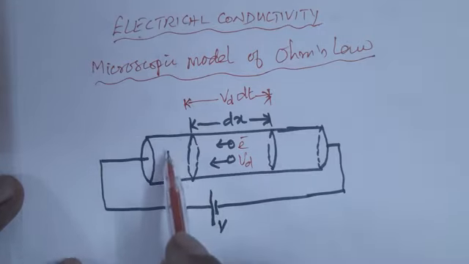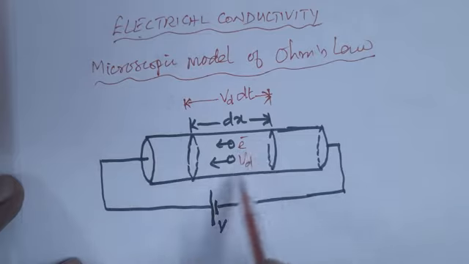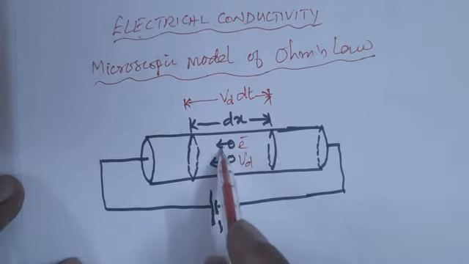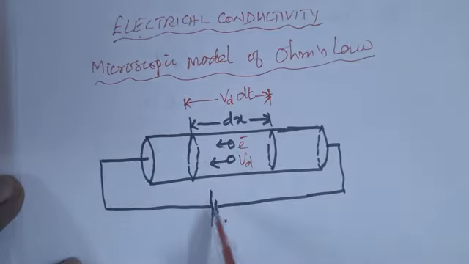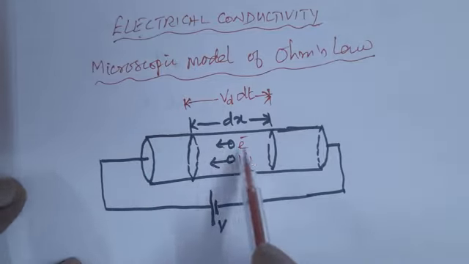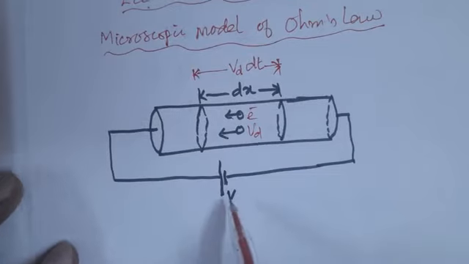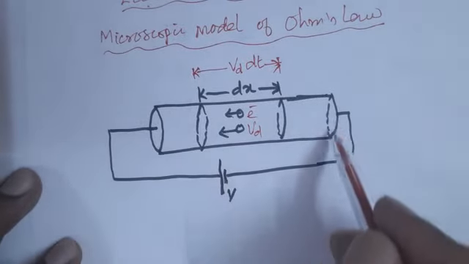Now when the electrons, which are in random motion inside the conductor, get drifted towards the positive terminal, we named it drift velocity Vd. After applying this potential difference, there is an electric field produced inside the conductor.